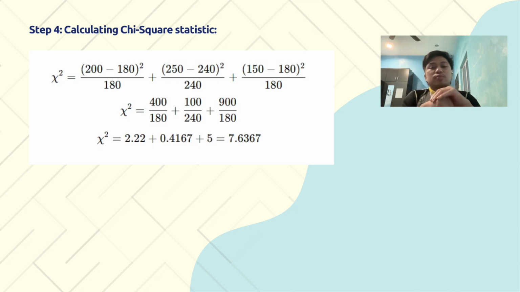Second, for the group between 18 and 35, we take the observed value of 250, subtract the expected value of 240, square it and divide it by 240. Third, for the group over 35, we take the observed value of 150, subtract the expected value of 180, square it and divide it by 180.